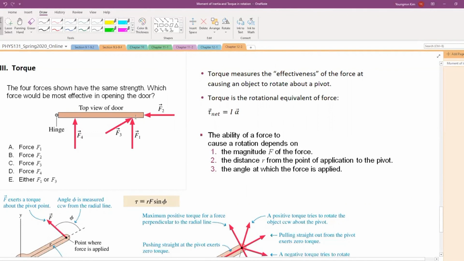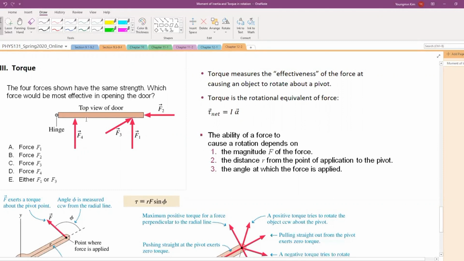And just for the demonstration's sake, somebody's trying to open the door by applying a force this way. And then you can also apply to the same point but with a different angle, not perpendicular but at a different angle. Or you can apply the same force opening this door close to the hinge point.